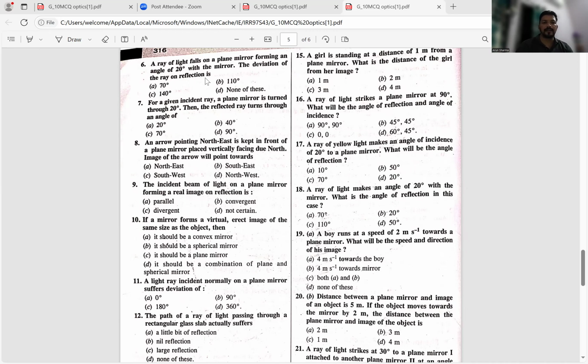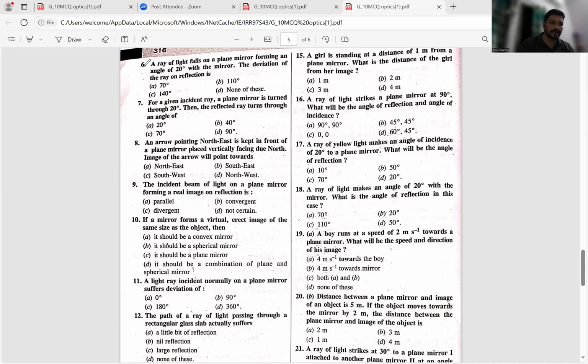So I will send in your group, and you understand these questions 6, 7, and question number 8. Listen, question number 8. No doubt, I will explain one more question regarding this type of question.